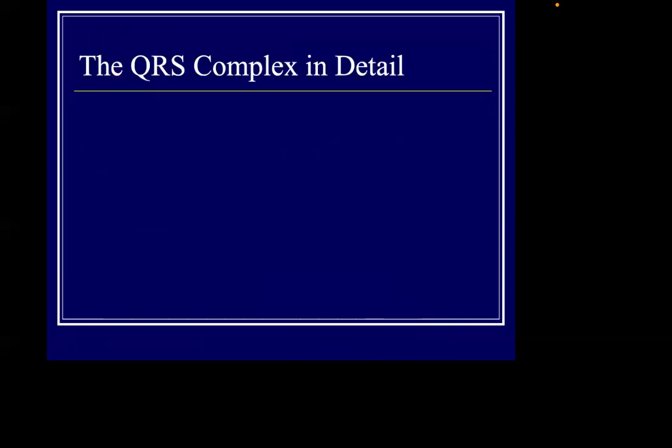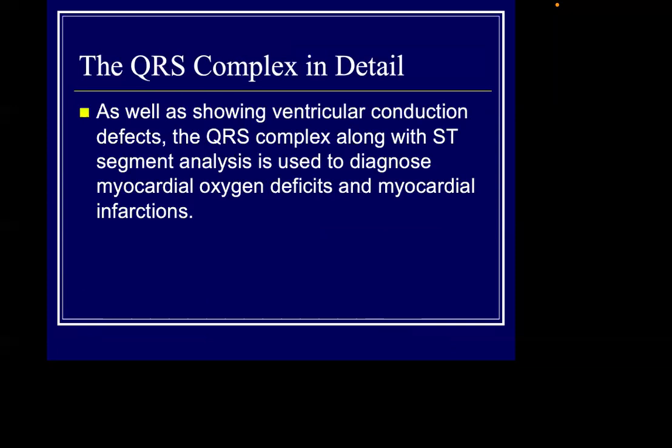So we come to the abnormality of the QRS complex in detail. Ventricular conduction defects. The QRS complex along with the ST segment analysis is very important to assess the myocardial perfusion. If the myocardial blood supply is critically compromised, particularly acutely, this will be manifested in the ECG by certain changes in the QRS complex and the ST segments.